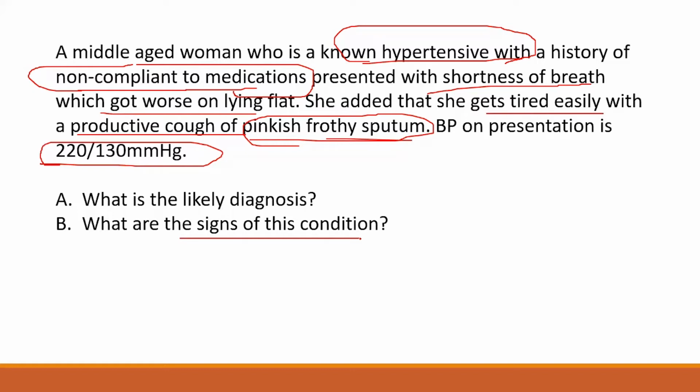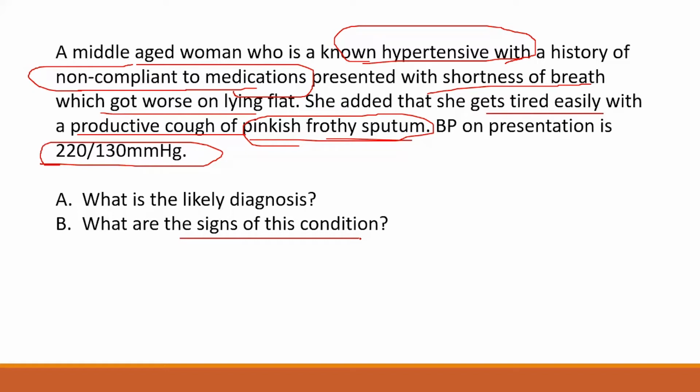Displaced apex beat. You can find a cardiac murmur or a third heart sound. Cyanosis. Rhonchi. So these are the signs. You can just mention any one of them.